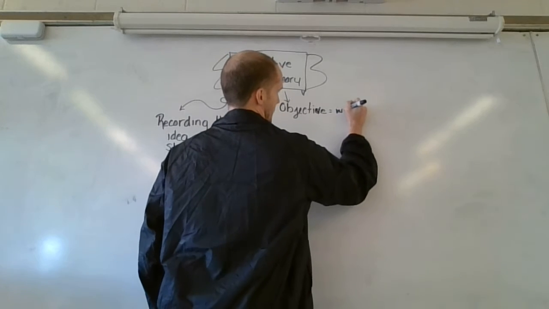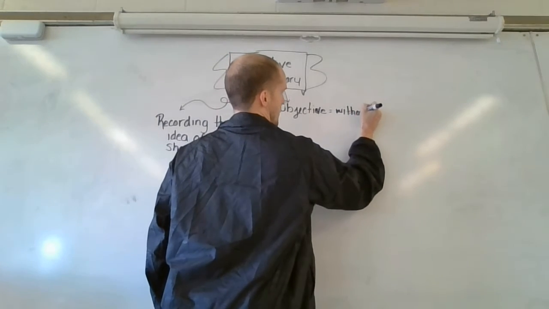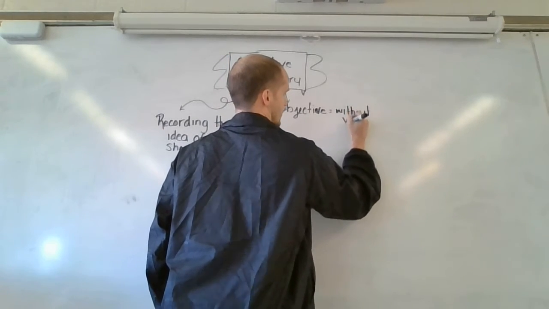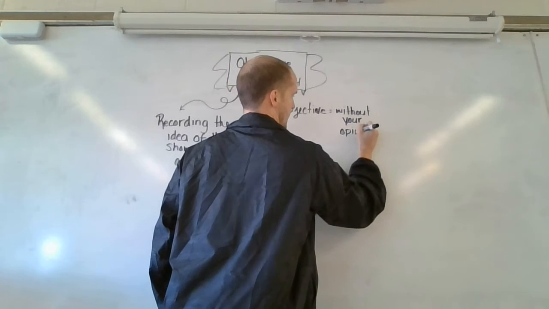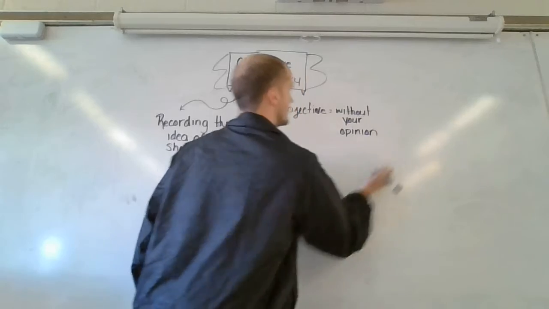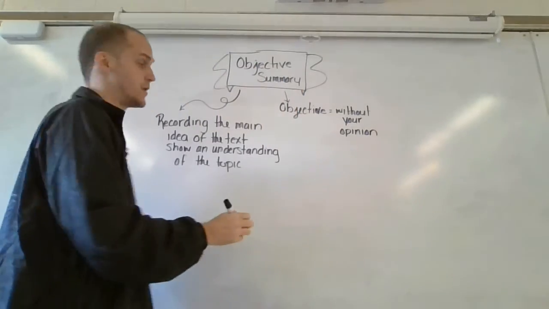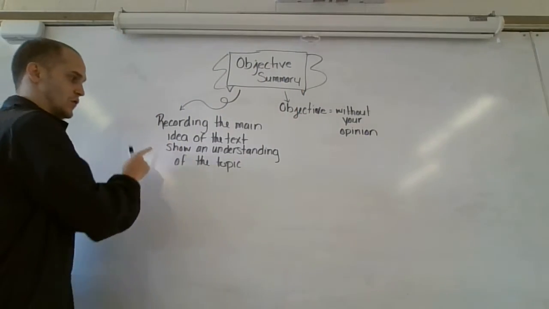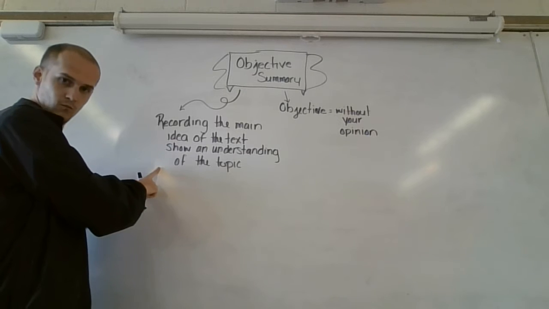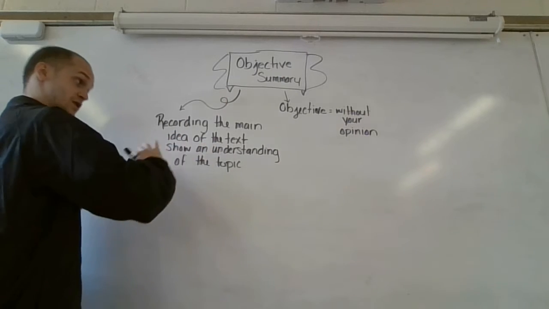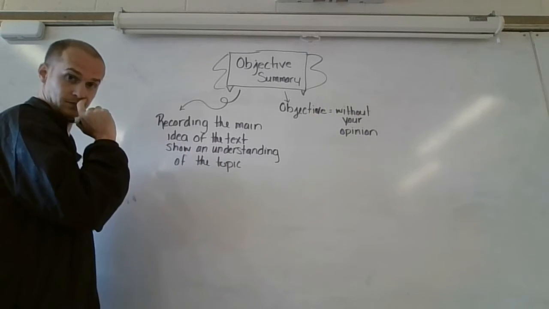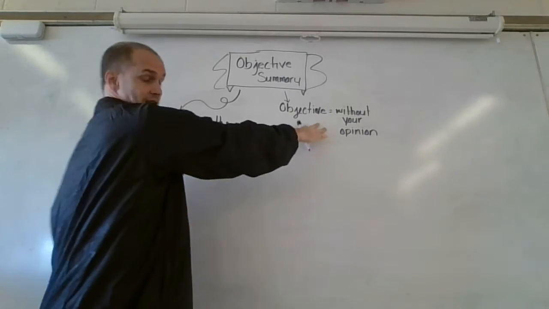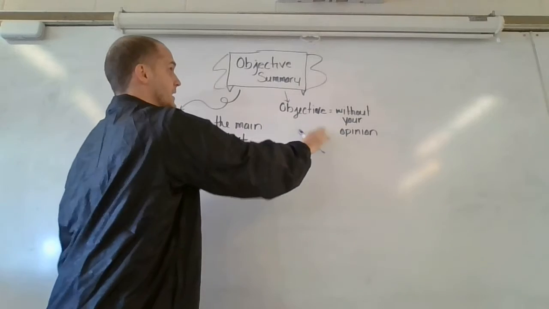So this is without your opinion. Right? This is without what you think about the main idea or the topic itself. Remember, if you're writing an objective summary, you're just telling me about the topic and what the main idea of the text was. You got to be objective. You have to leave your opinion out of it.